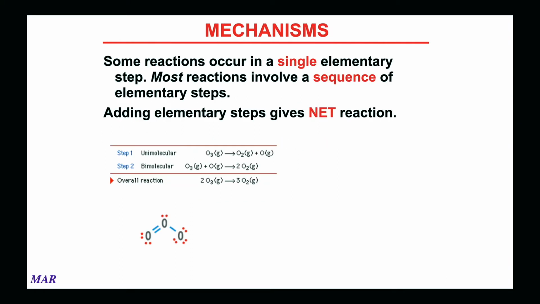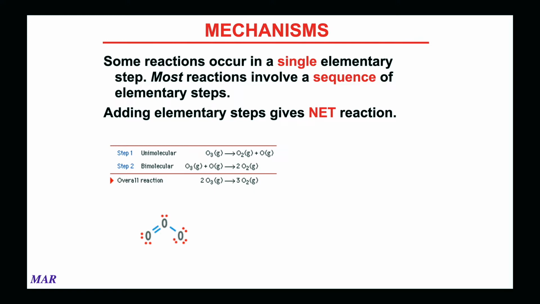Some reactions do occur in a single elementary step, but most reactions do take a sequence of individual steps to make the overall version. So again, that fluoride reacting with chloromethane, that was a single elementary step, and those are pretty cool. But most reactions, like this ozone breaking down to oxygen reaction, it's a series of elementary steps.